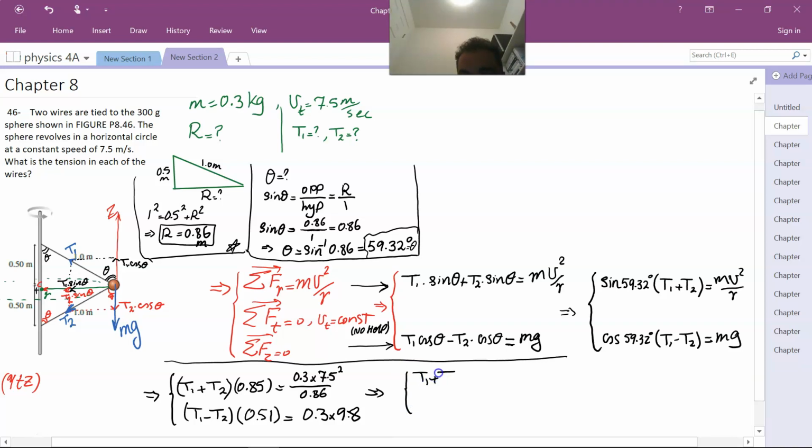Therefore T1 plus T2 becomes 0.3 times 7.5 squared divided by 0.86 divided by 0.85, correct? So this will be 23.08.